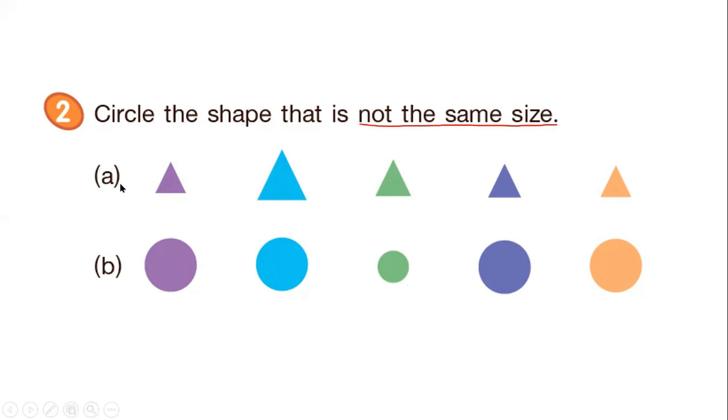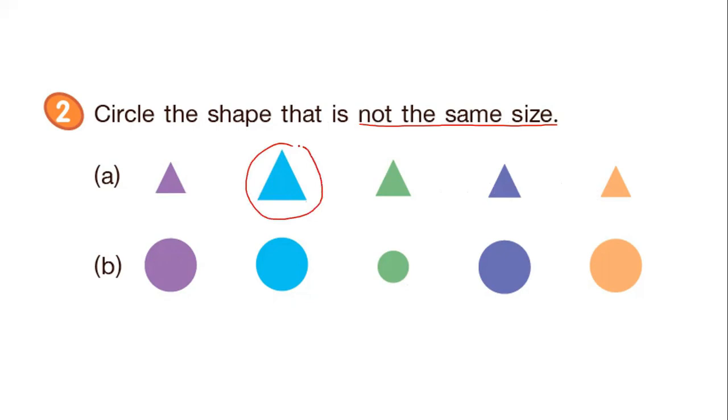Okay, look at part A. Look at this, it is small. Oh, this is big. This and this, they are of the same size. So we cross out the shape that is not the same size. So this one.